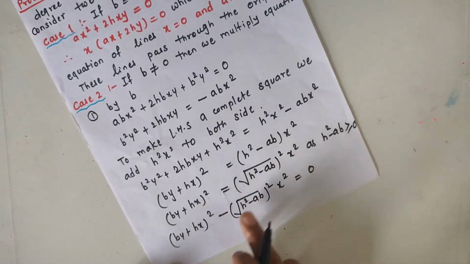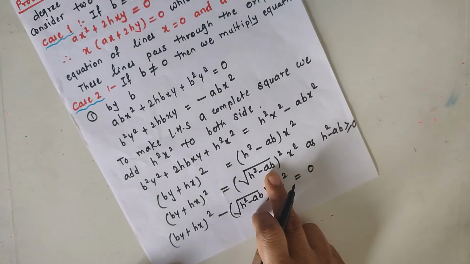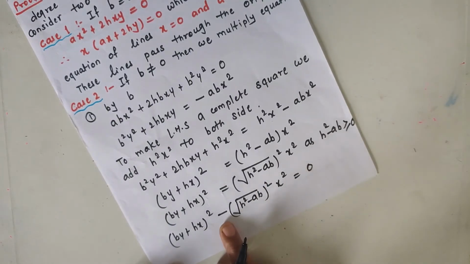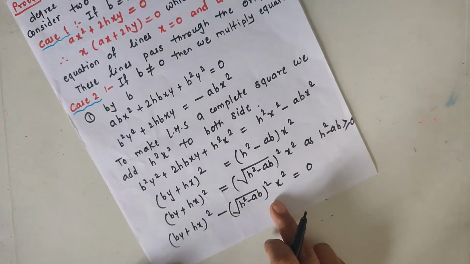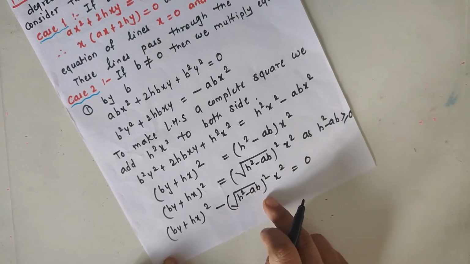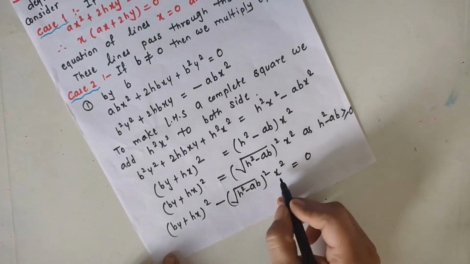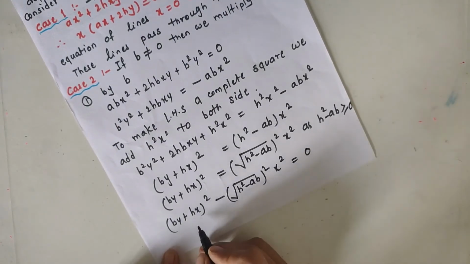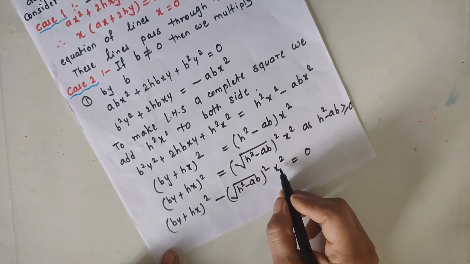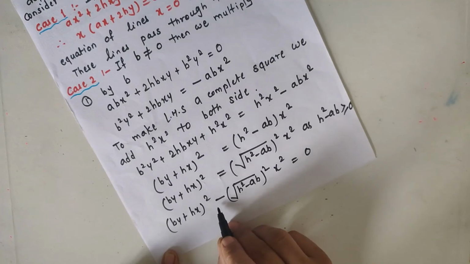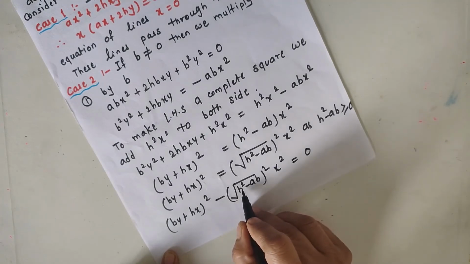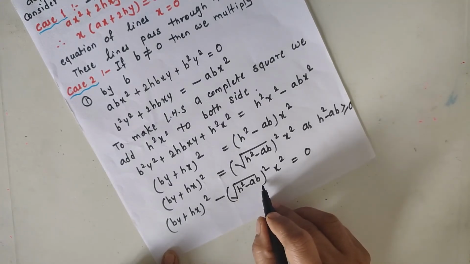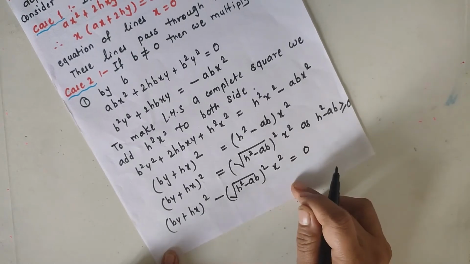Now shifting this term to the left side, we get the equation in this way. Now using the formula a square minus b square, we get factors of this equation, that is a plus b and a minus b.